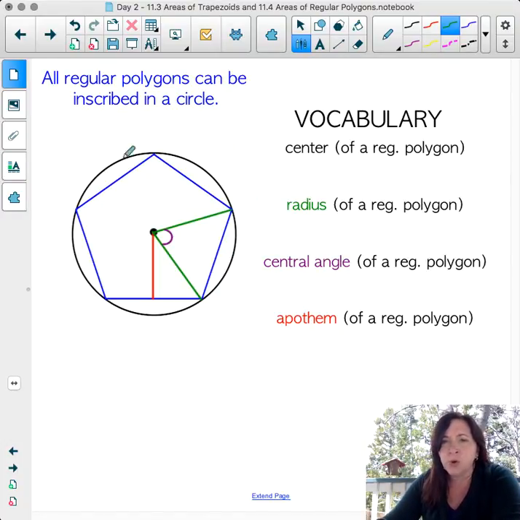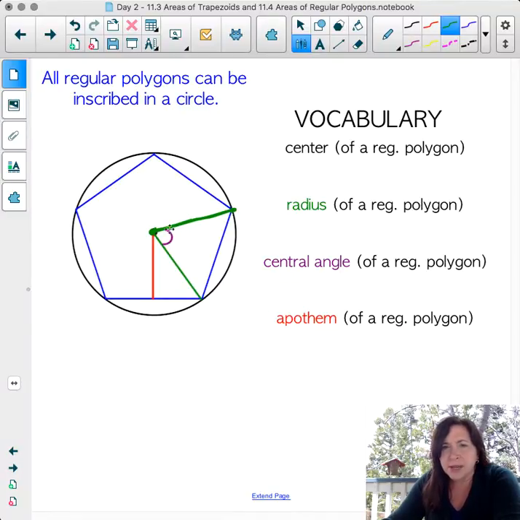There's a couple of words that you're going to need to know. We know that the center of any regular polygon, this would be the center right here, okay? The radius is a length that goes from the center to a point on the circle. It's always a good idea to try to make the radius attached to a vertex.